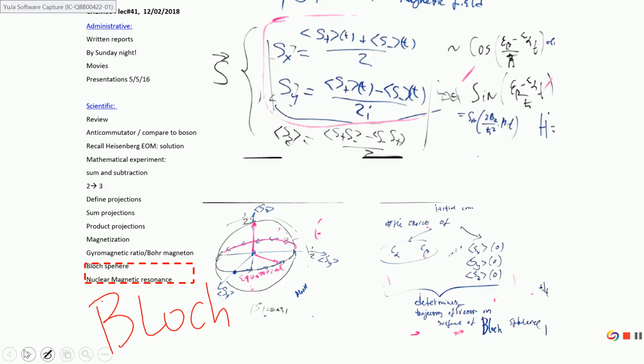Okay. Often the sphere is called the Bloch sphere, after the scientist who decided to represent magnetization and spin in this way. If the x projection is cosine, the y projection is sine, and z is constant, it is exactly the equatorial motion.